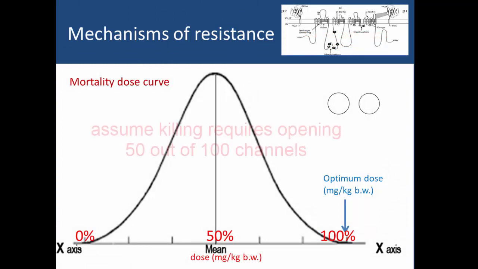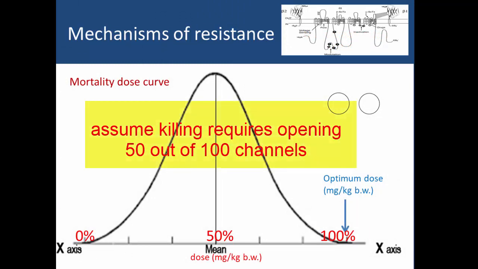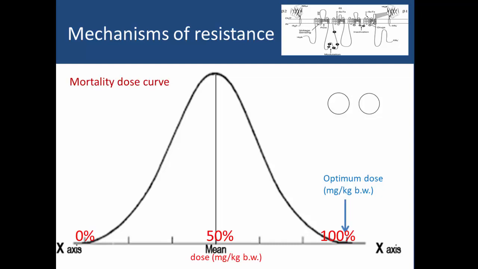So let's assume for a minute that you need to open, let's say, 50 out of 100 of those channels to kill a tick. When you start using the chemical for the first time, you will notice that not all the ticks require the same dosage. Some will be more susceptible, and other ones will require a little bit more to be killed. So the ideal dose should be one that is going to kill obviously 100% of the population in that animal.